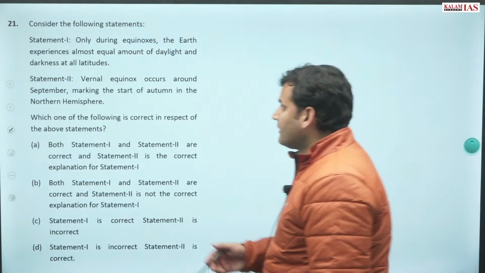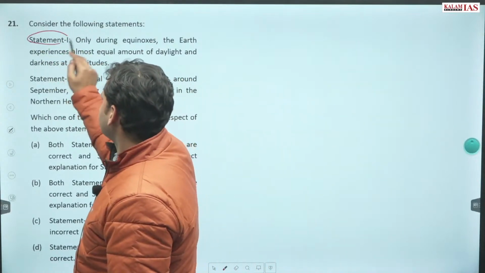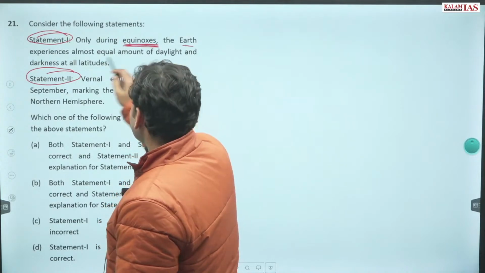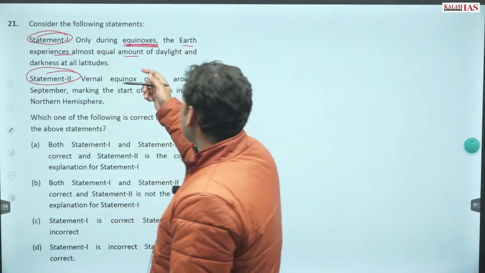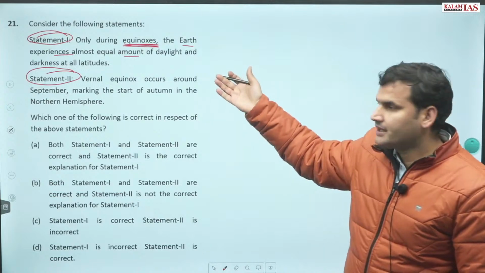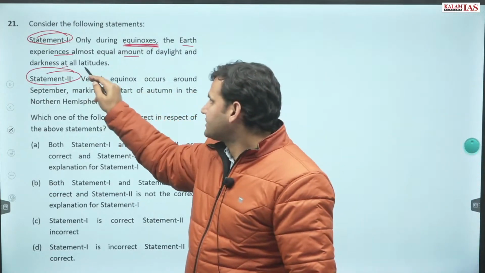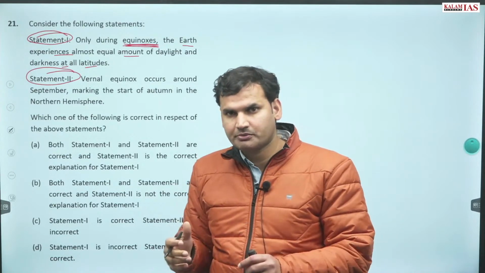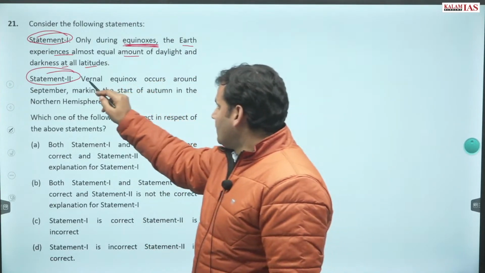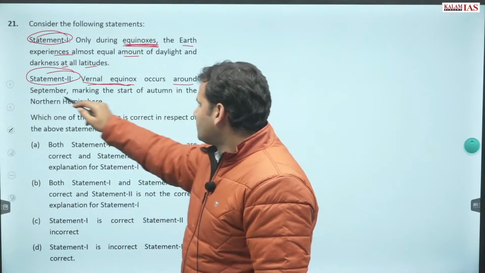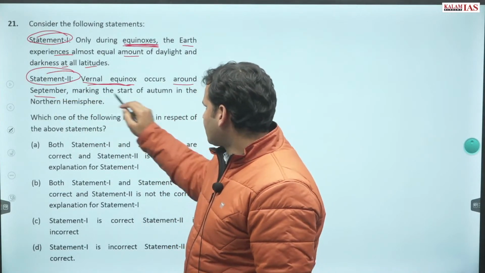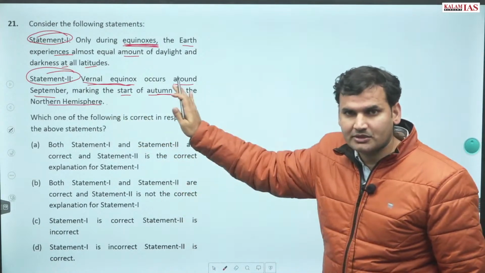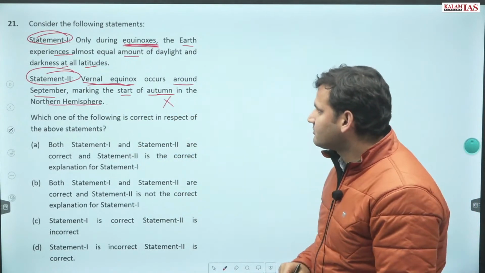Question number 21. Consider the following statements. Now statements are there. Only during equinoxes the earth experiences almost equal amount of daylight and darkness at all the latitudes. Yes, this is true. Vernal equinox occur around September, marking the start of autumn in the northern hemisphere. This statement is absolute. Why is this statement wrong?